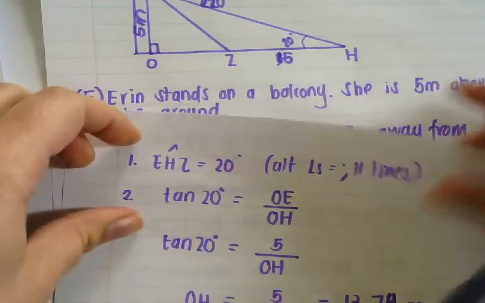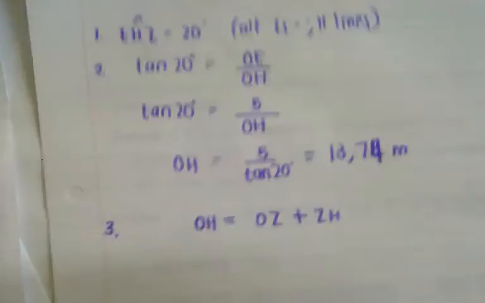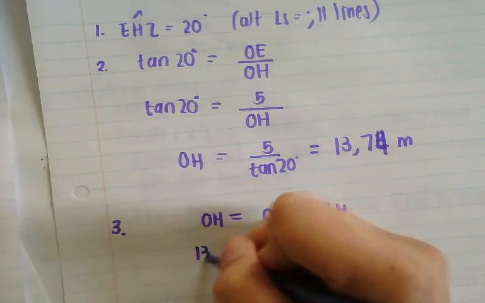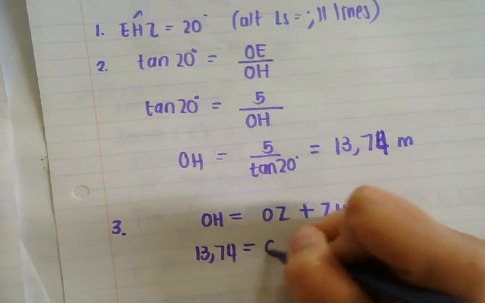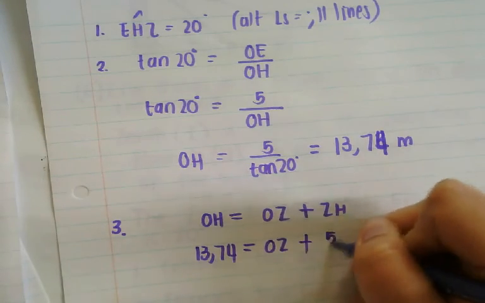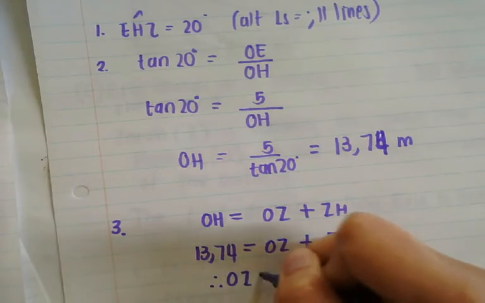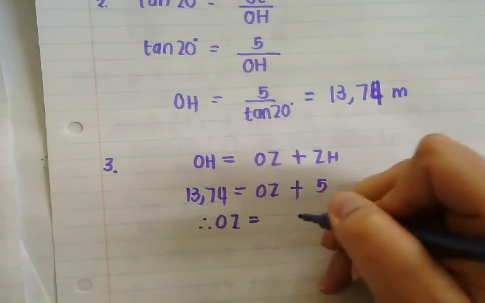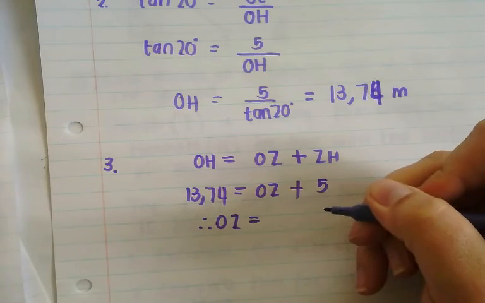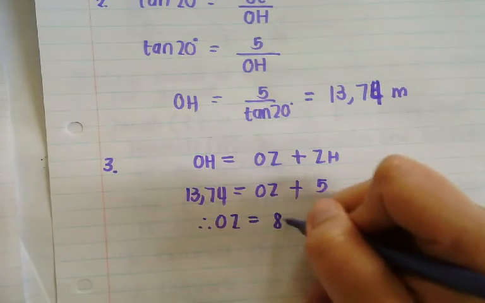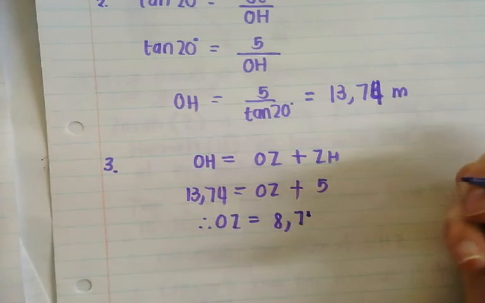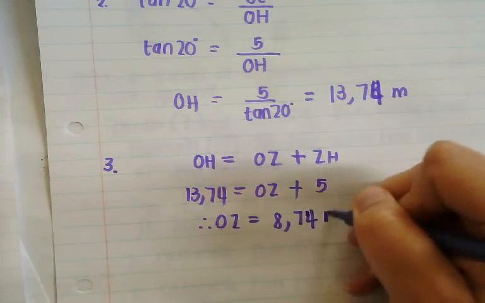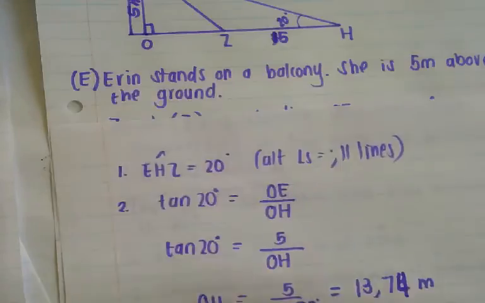There we go, 13.74 minus 5. So OH is 13.74. OZ is what we want. ZH is 5. So Zora to the building would be 8,74 meters from the building.